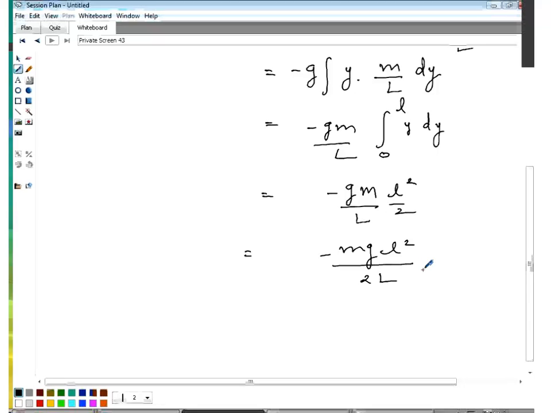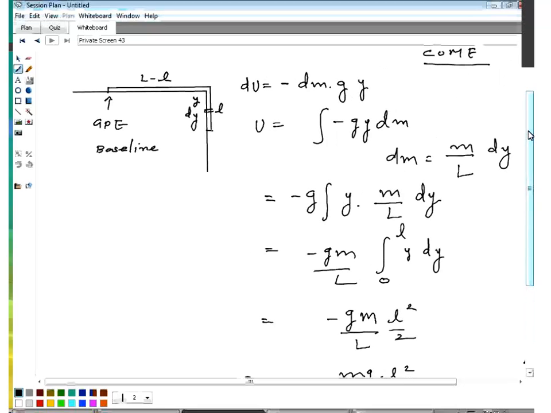If you have any questions up to this point, let me know. The negative sign is because it is on the lower side of the baseline. At y distance, there is some dy element with mass dm.